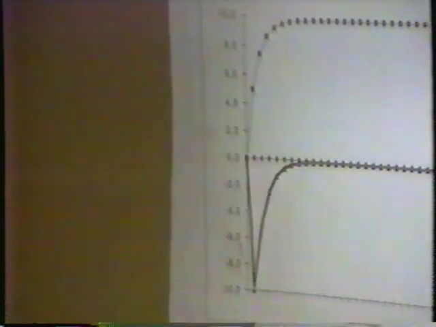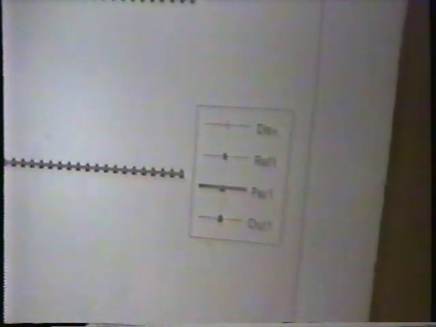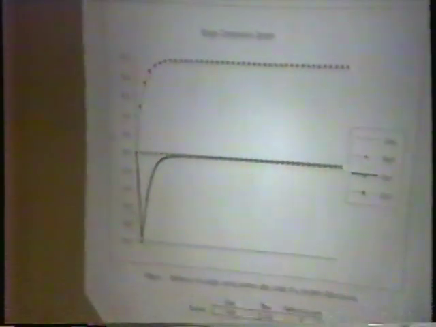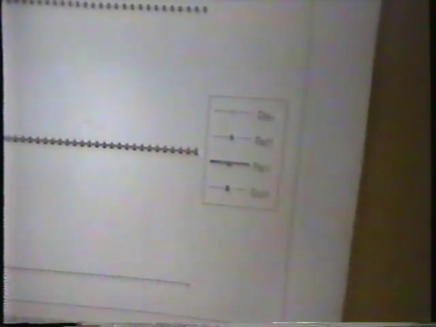For instance, at the very first iteration, it gets immediately jerked down to -10 by the disturbance that's been applied to this system. And this top curve is the output of the system.